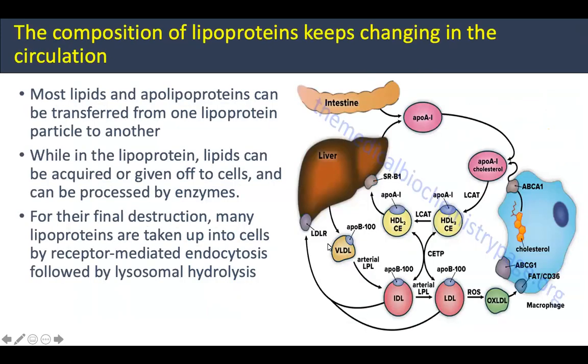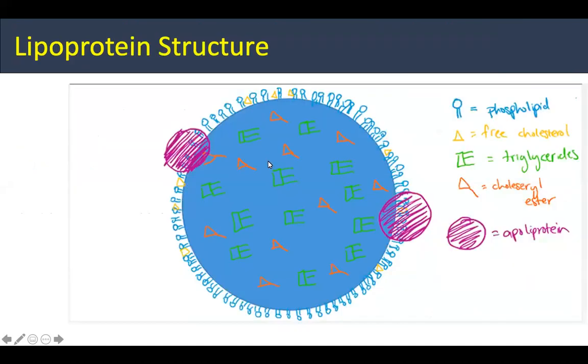Okay, so let's just go over briefly. I already talked about this, but the function of the lipoprotein, like I said, is to deliver the lipids. Somebody said they didn't get the covalent bond. A covalent bond is when two molecules share an electron.